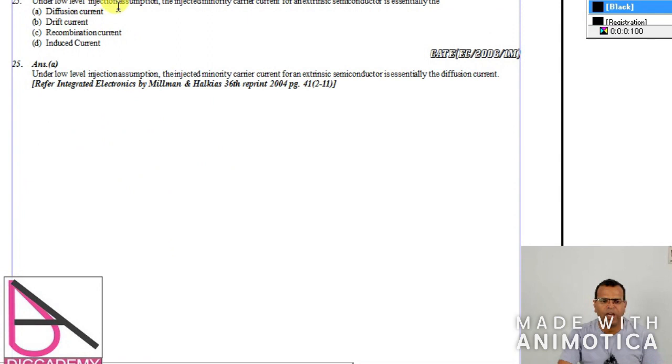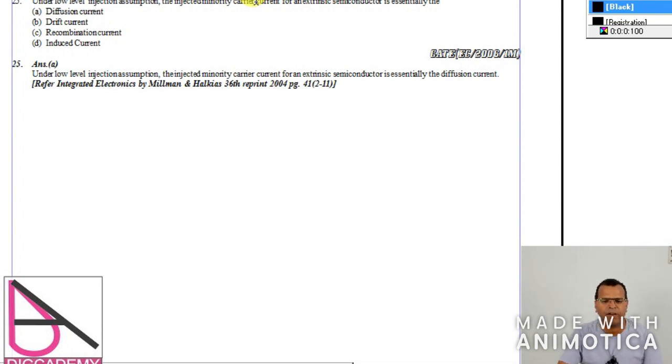Then, under low level injection assumption, the injected minority carrier current of an extrinsic semiconductor is essentially. Here you have to see the minority carrier current under low level injection. We have just seen that when you illuminate one end of the semiconductor, there is a concentration gradient.